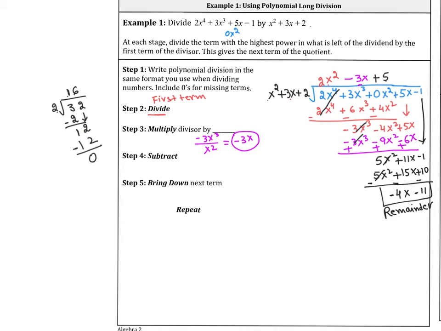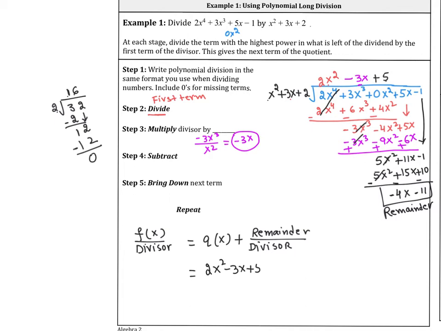So remainder is there, and you're going to see, so the formula is f(x), which is main equation, main dividend, divided by this divisor. So this is divisor equal to quotient. So this is going to be a quotient plus remainder over divisor. So we are going to have a quotient. So quotient is going to be 2x squared minus 3x plus 5.